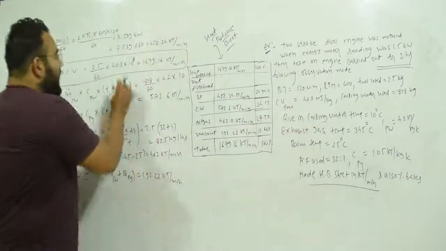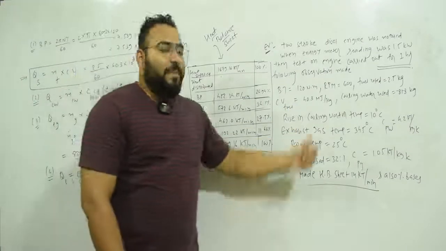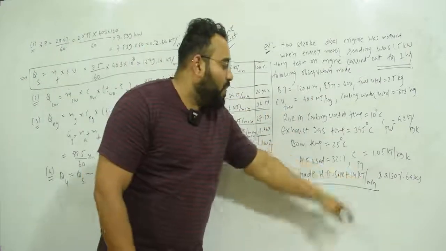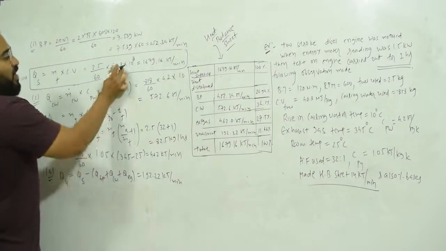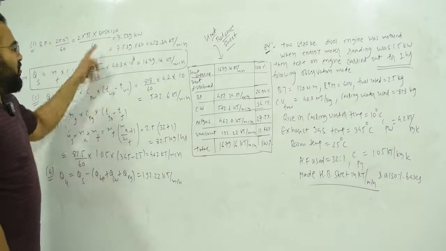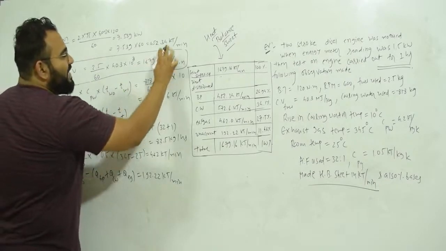So I will write 40.3 into 10 raised to 3, because I know that 1 megajoule is equal to 10 raised to 3 kilojoule, and I want the answer in kilojoule per minute. That's why I converted megajoule to kilojoule. So 40.3 multiplied by 10 raised to 3 kilojoule. Now calculate it, so it will be 1679.16 kilojoule per minute.